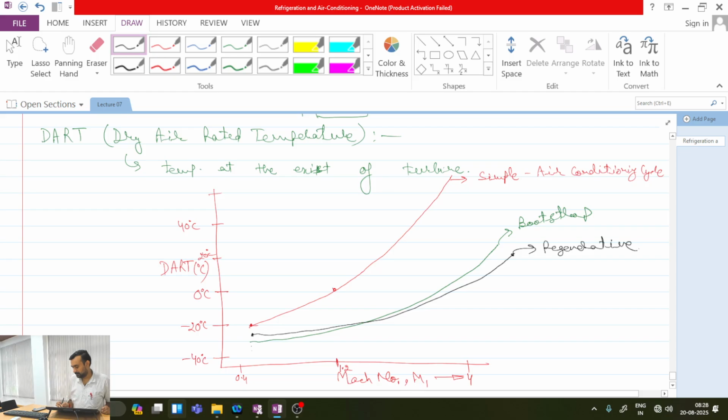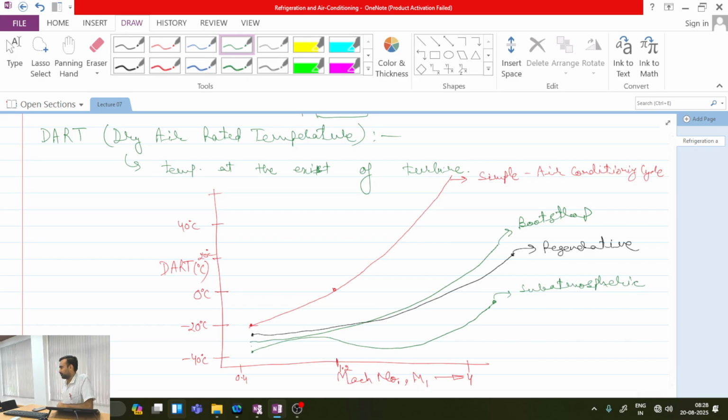This is regenerative cycle. Then what we have next? Subatmospheric cycle. It goes something like this. This is the actual DART variation with Mach number for subatmospheric cycle.